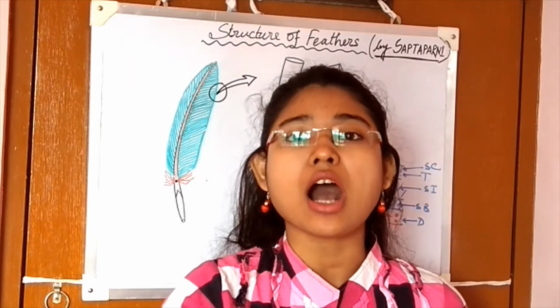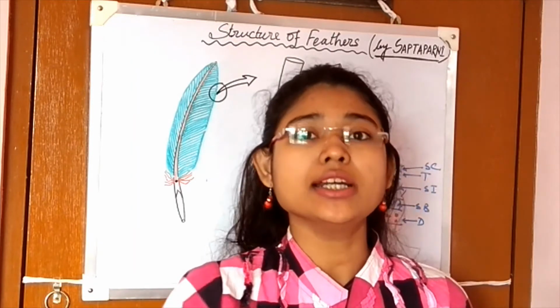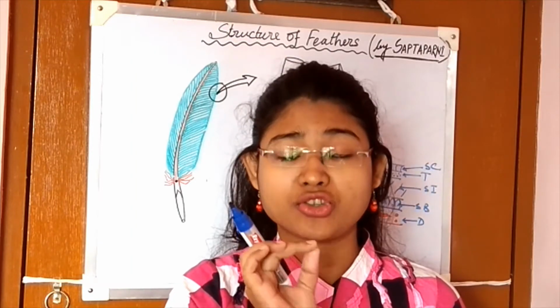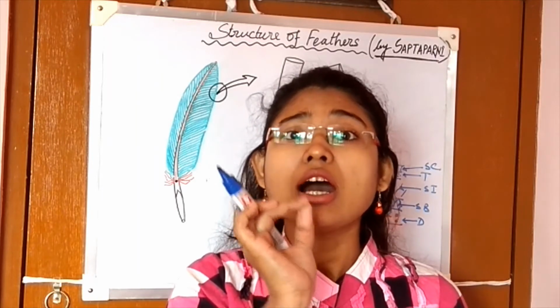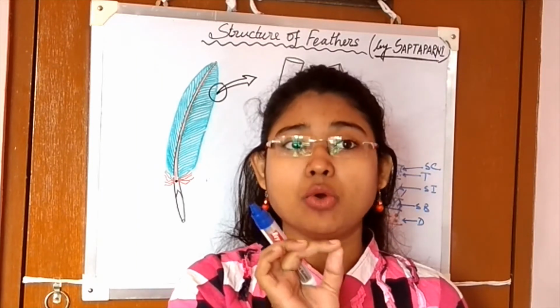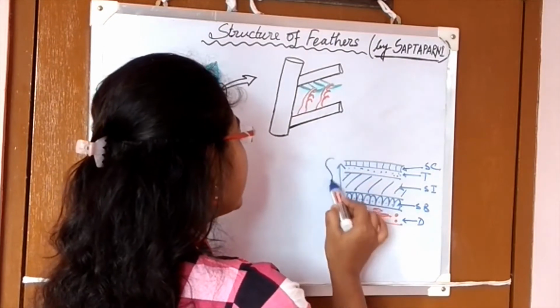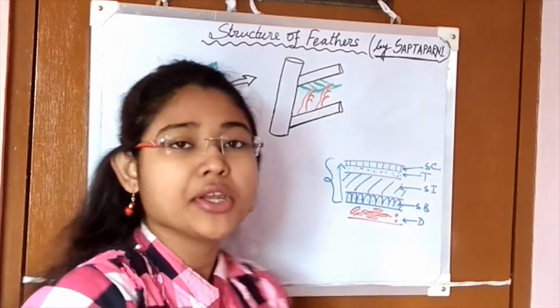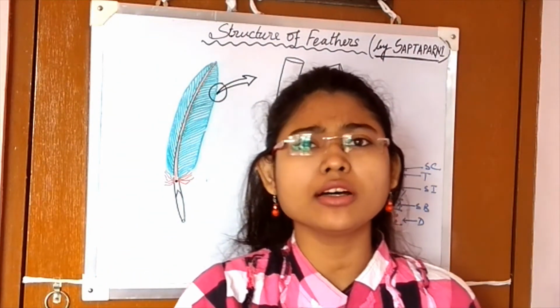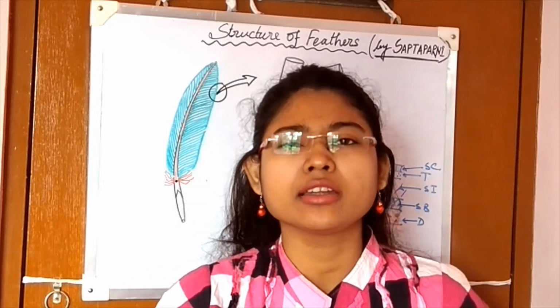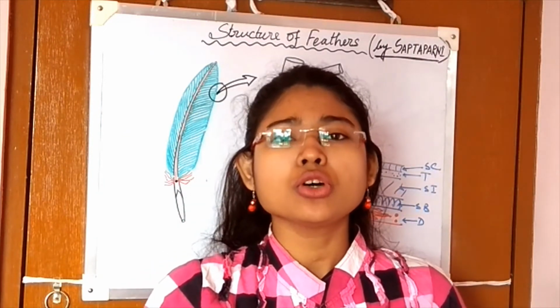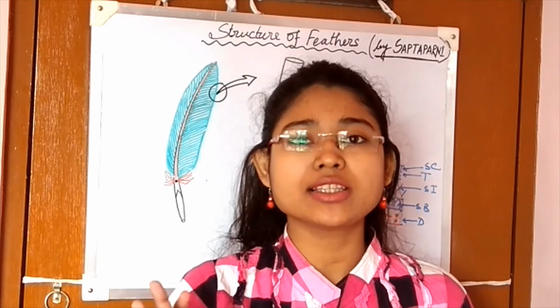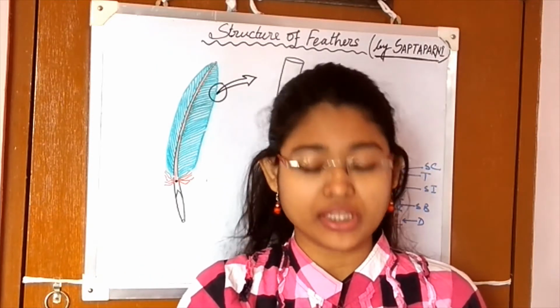The point is the feather of a bird is an exoskeletal structure and it is an epidermal derivative. Okay, so the feather arises from this epidermal layer. We will learn about the development of feather in another video. So today we will just learn what is the structure of a typical feather.